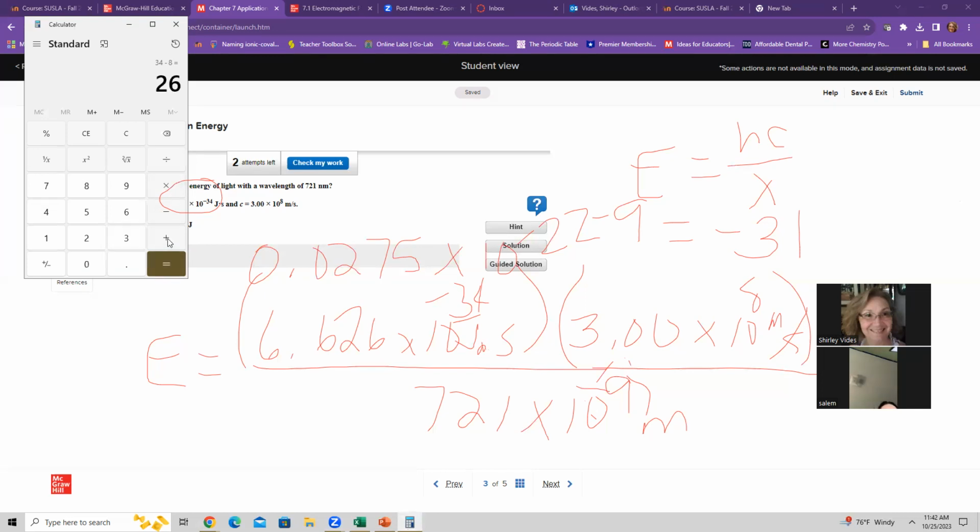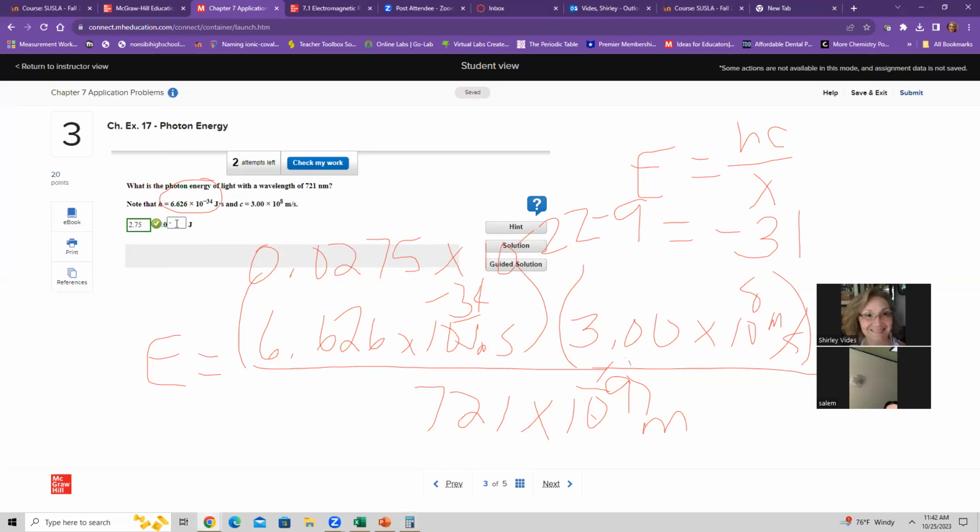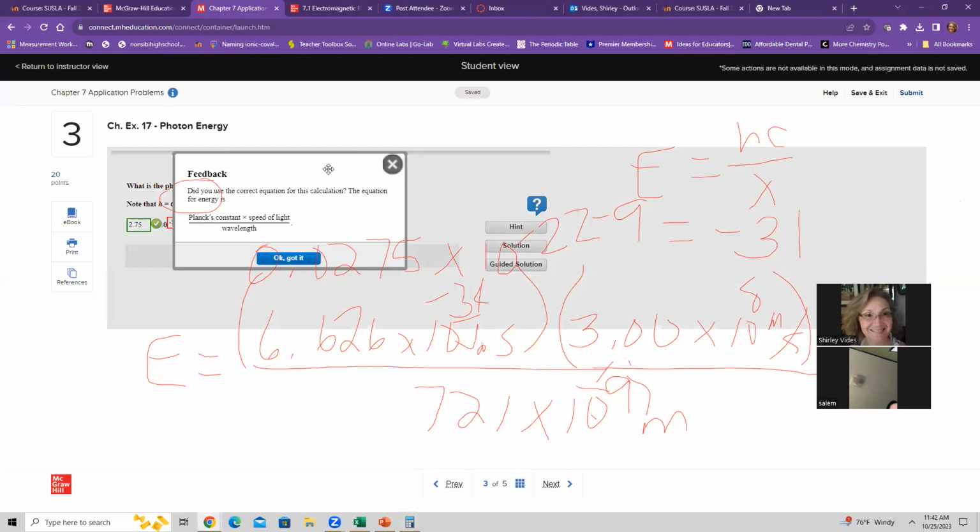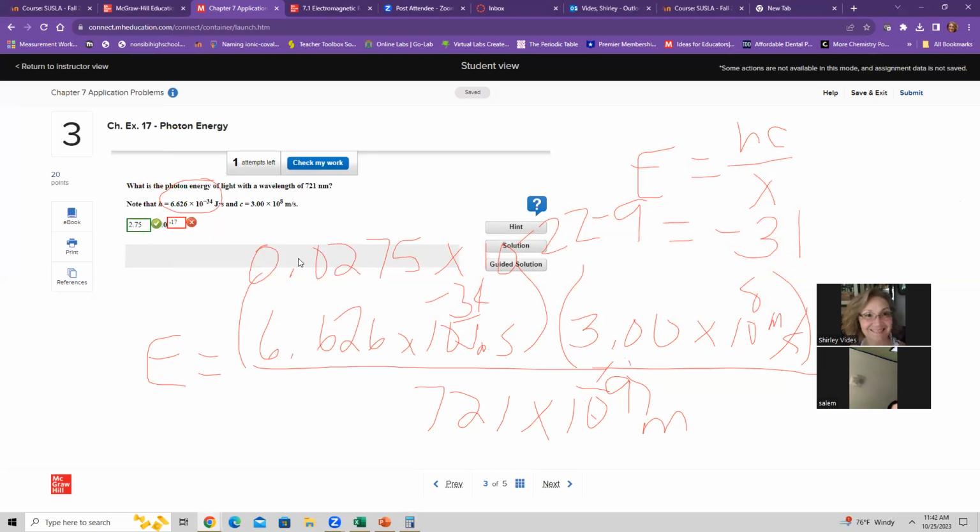And then we're subtracting again, 9. And that gives me 17, so negative 17. It was right. I just want to make sure. Did you use the correct equation? Yes, I did.